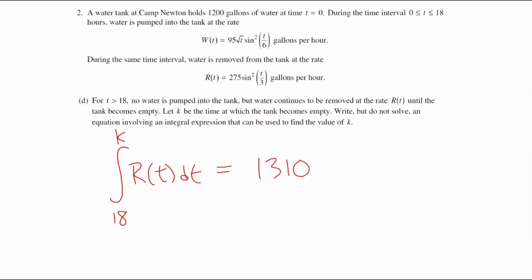And they gave you 2 points for that, 1 for the limits of 18 and k, and 1 for the equation as a whole. And that is the end of this rate FRQ, which was question number 2 from the 2005 Form B AP Calculus AB exam.